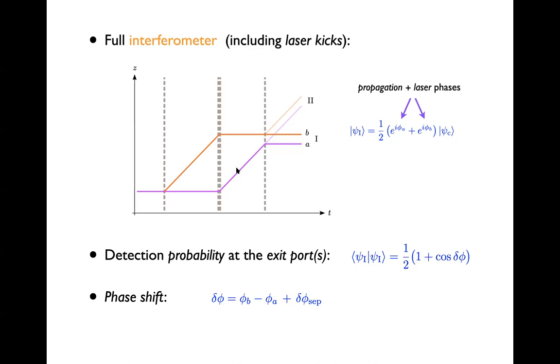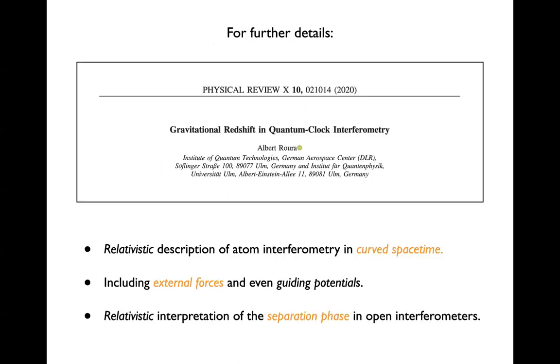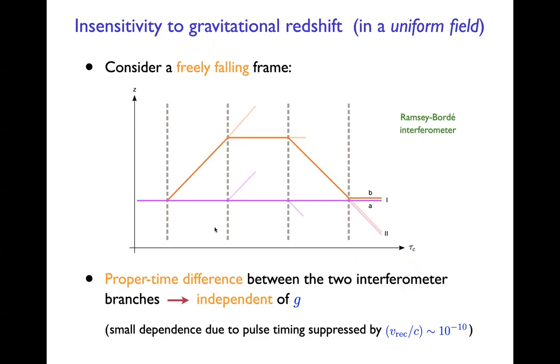In both cases, no matter which, I showed just examples, but you could consider a completely generic sequence of diffraction pulses. You could do the general calculation, or you could just intuitively understand that in the freely falling frame you would see that in all cases you have these straight lines. You might or might not have proper time differences between the two arms of the interferometer, but they would always be spatial relativistic. They would not be sensitive to little g.